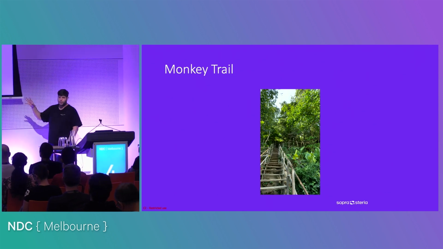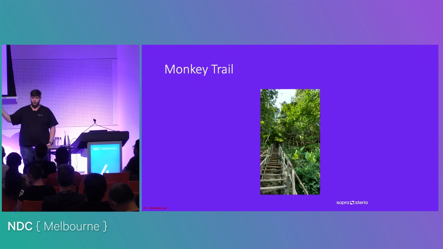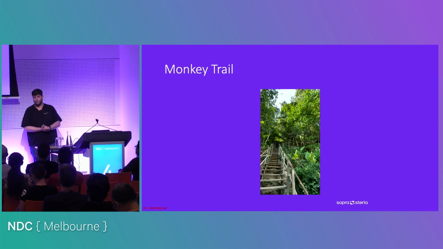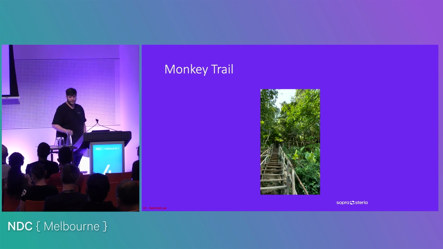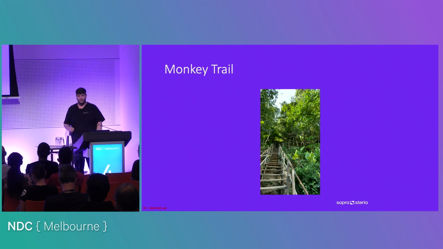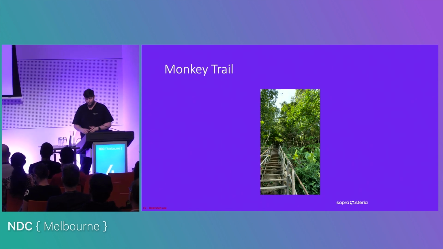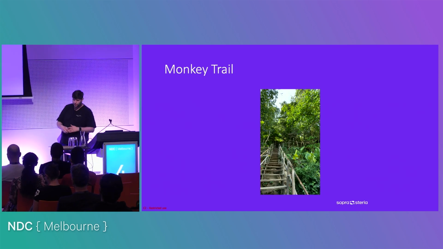And this was called the monkey trail because this trail was next to a piece of forest where all kinds of monkeys hang out. And these monkeys like to come over to the trail, annoy tourists, get food out of their bags, and that was very fun to walk on this trail, see some of these monkeys.